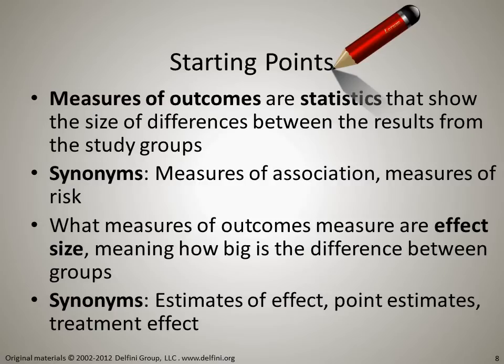Some synonyms for measures of outcomes include measures of association, and measures of risk. What measures of outcomes measure are effect size, meaning how big is the difference between groups. Some synonyms for effect size include estimates of effect, point estimates, and treatment effect. I will use various synonyms interchangeably.